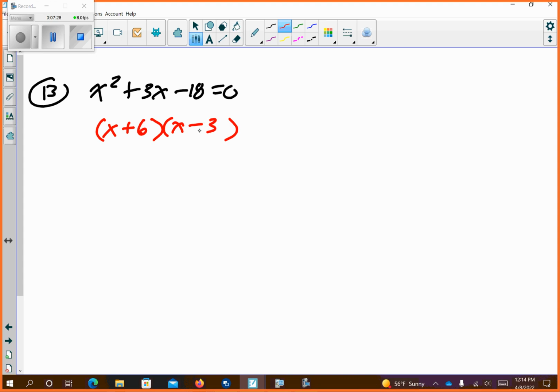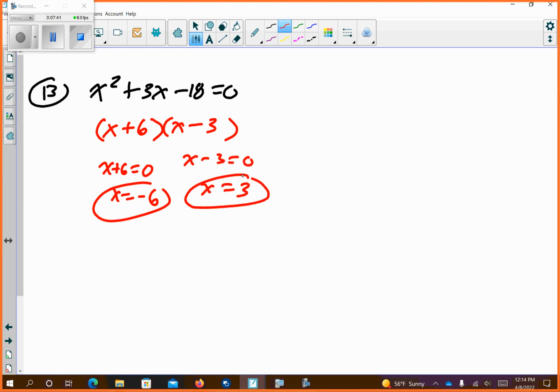Positive 6, negative 3. It's done. We just factored it. So that means that x plus 6 equals 0, so x equals negative 6. x minus 3 equals 0. Add 3. No, they won't both be plus because I have a negative 18. Okay, that's the faster way of factoring.